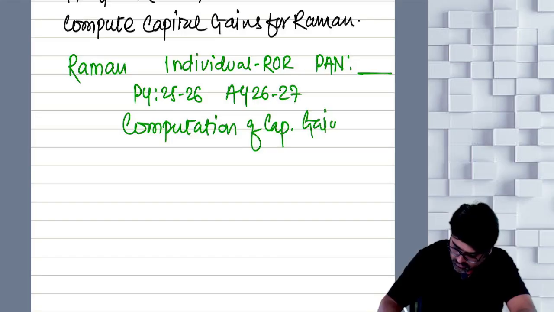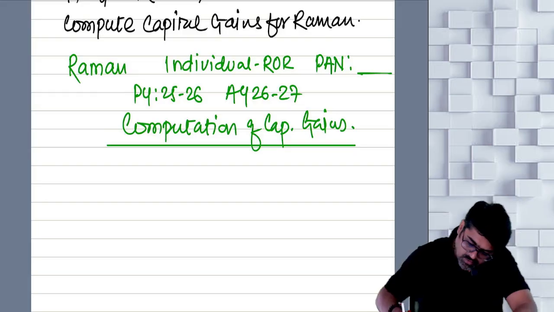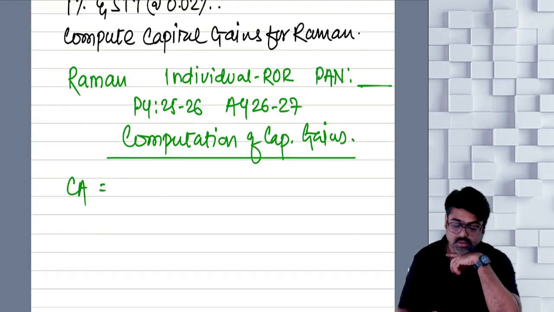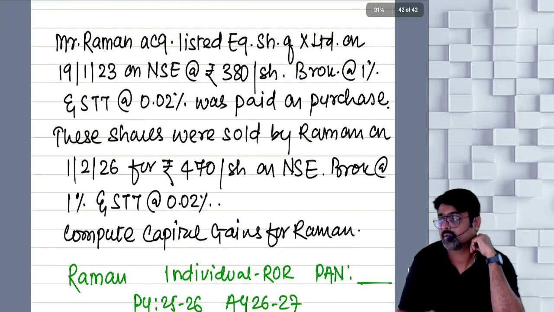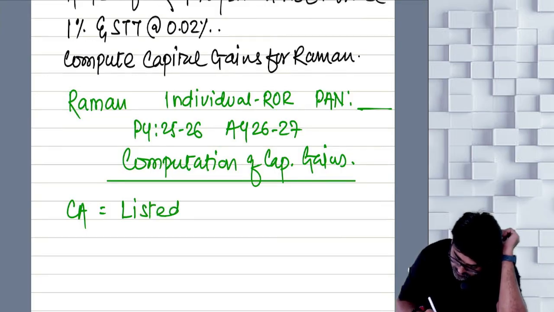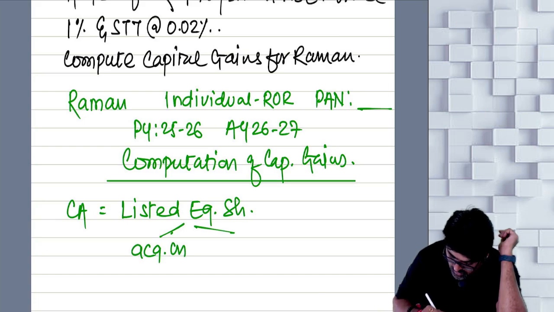Now to calculate the capital gains for Raman, first I have to see what is the capital asset. Tell me. What type of capital asset it is? Listed equity shares, which were acquired on NSE and which are transferred on NSE.